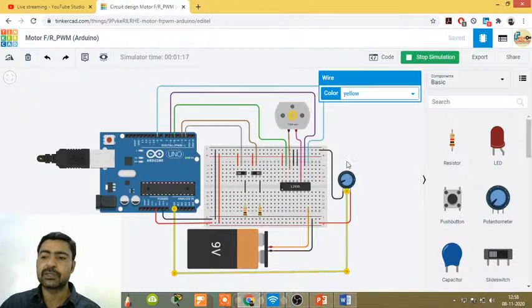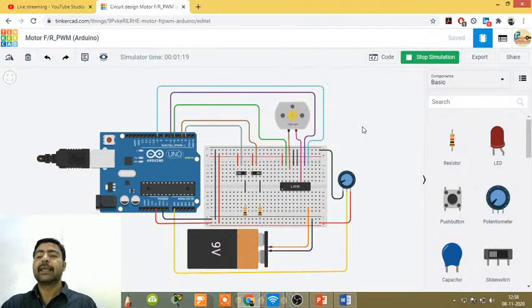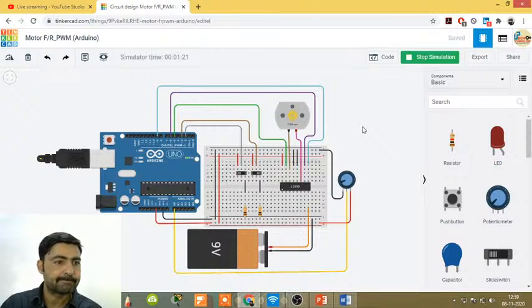So why have we used this potentiometer in this project? I am looking at your comments. Write it fast if you have any idea about the use of this potentiometer. As a resistor, Mariam, very good.